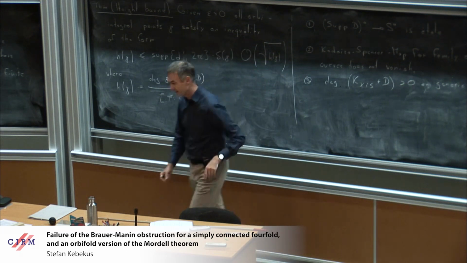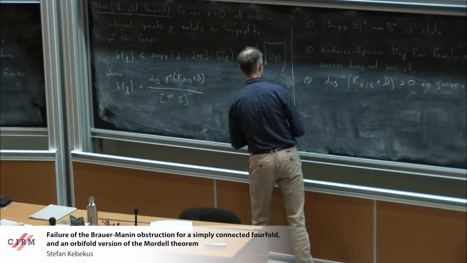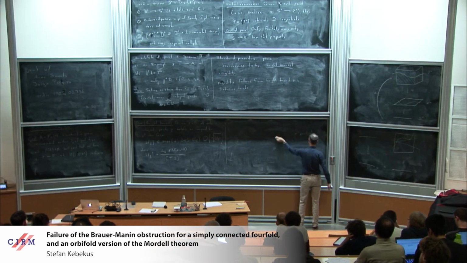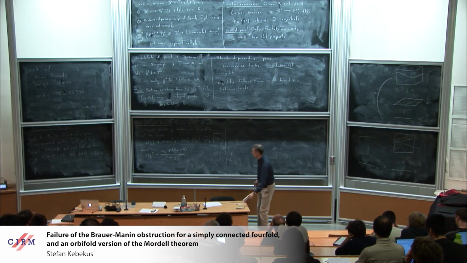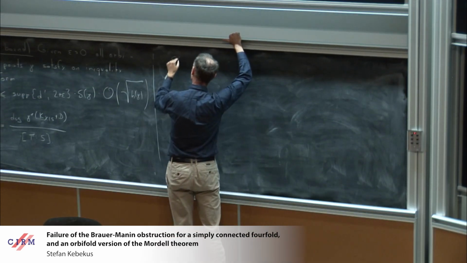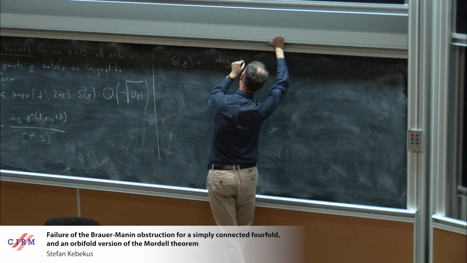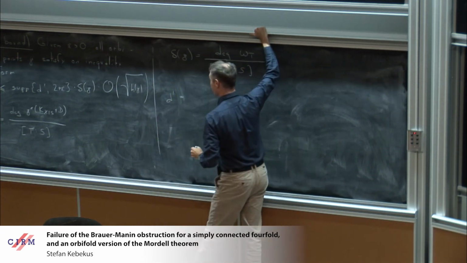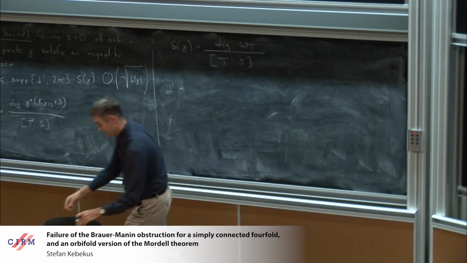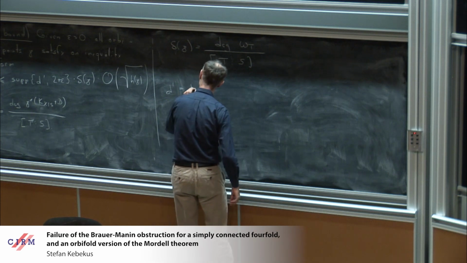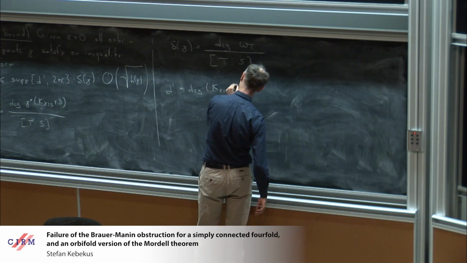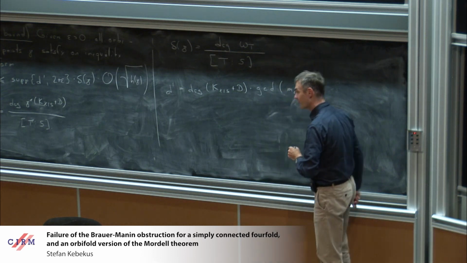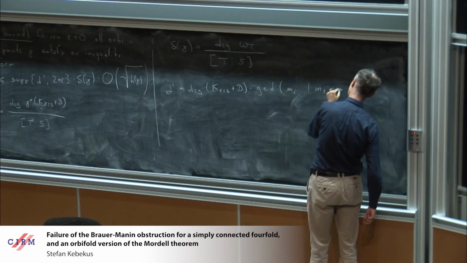So the discriminant is the same thing, but we simply take the canonical bundle of T. So delta of gamma is degree, and d prime, this is the degree of K_{X/S} plus D times the GCD of the orbifold coefficients as long as they're finite.